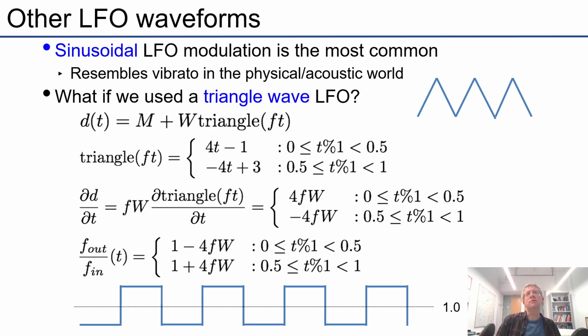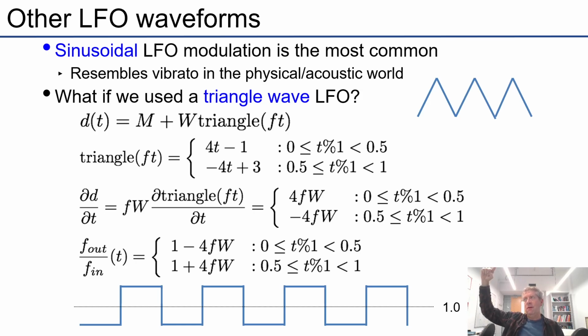Sinusoidal LFOs are certainly the most common to use for vibrato, but what if a different type of low frequency oscillator was used? We could have the triangle waveform, for instance. Then if one takes the time derivative of that triangular one, what one sees is that it first has a positive slope, then a negative slope.